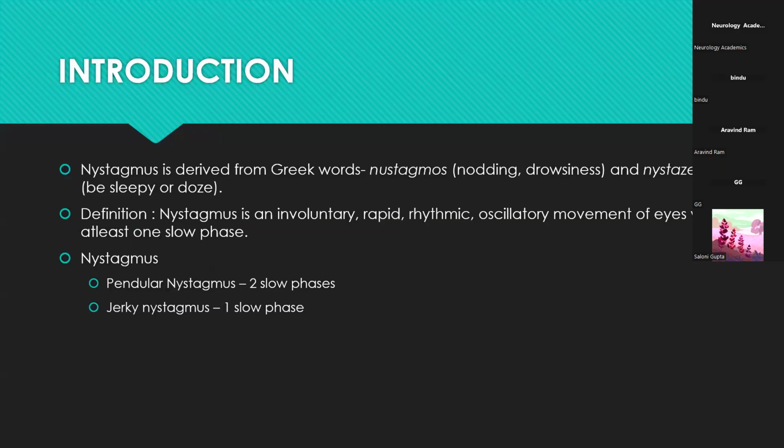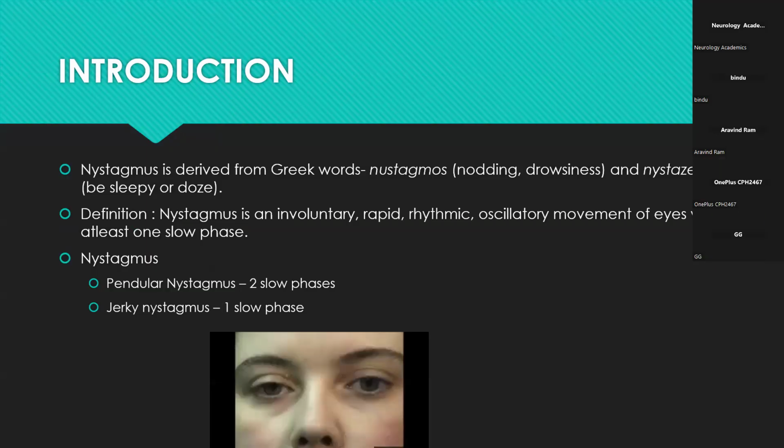It is an involuntary, rapid, rhythmic, oscillatory movement of the eyes with at least one slow phase. It has been grossly divided into pendular nystagmus and jerky nystagmus based on the number of slow phases. When it has both slow phases, it is called pendular nystagmus, and if there is one slow phase, it is called jerky nystagmus.